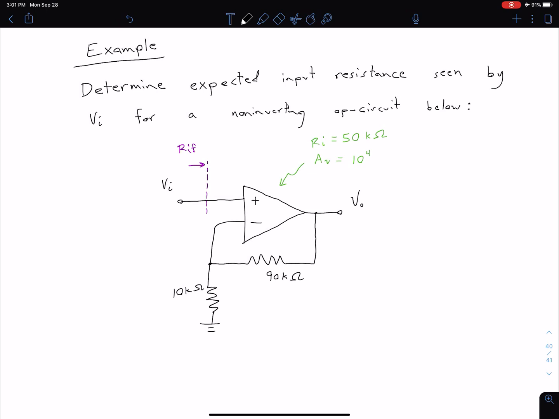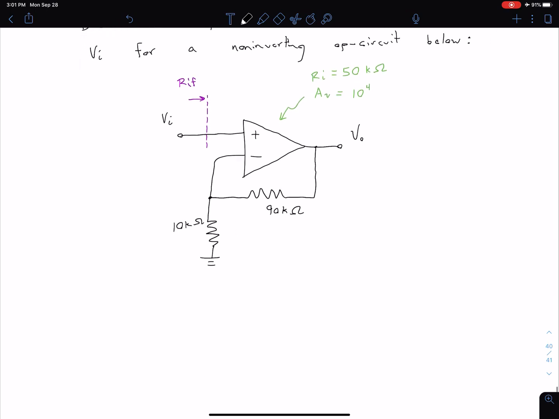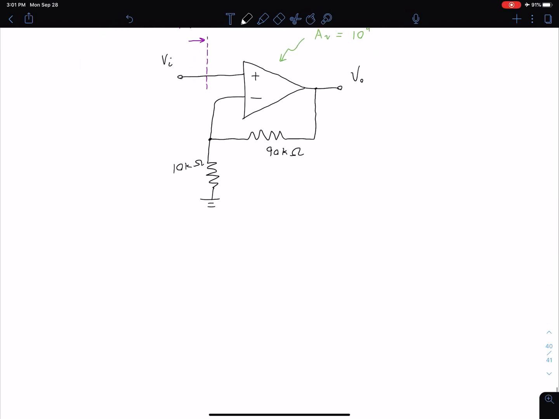So we're going to use our ideal form where we said our R sub IF is equal to our Ri times 1 plus AV times beta V. And so this is our ideal equation for our voltage amplifier, our series shunt configuration.